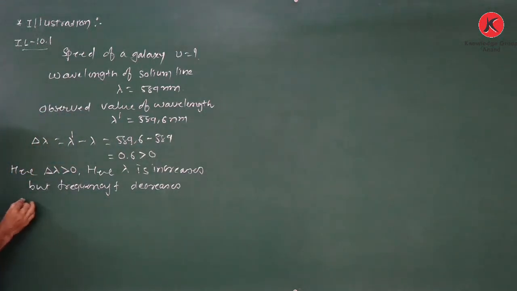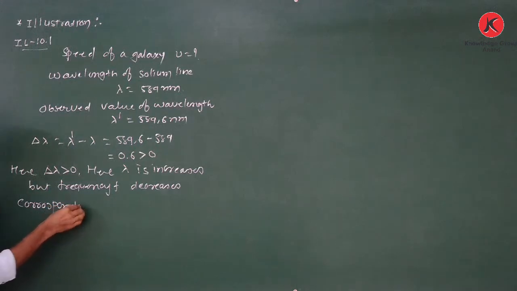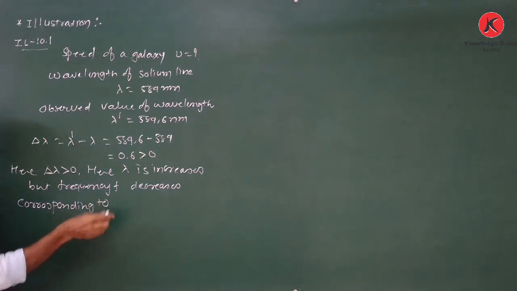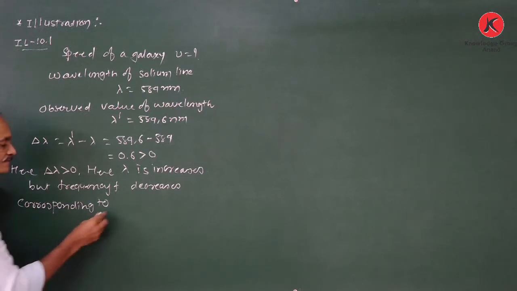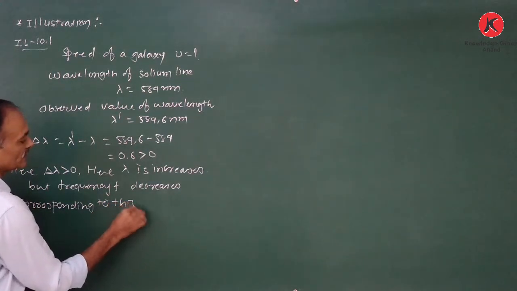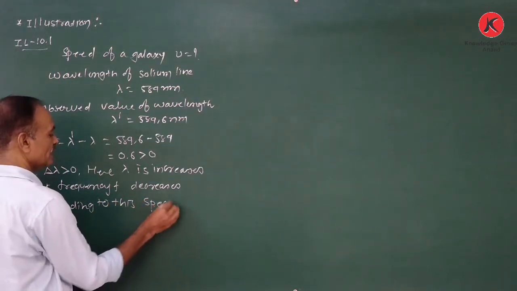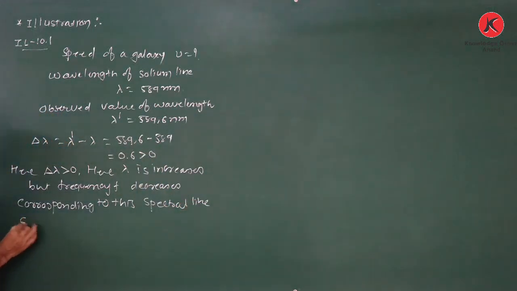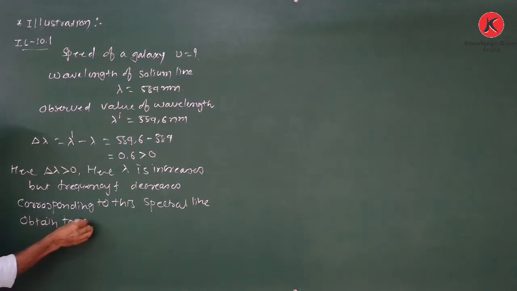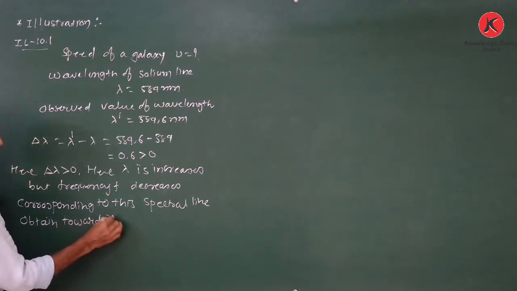Now, corresponding to such a wavelength, the spectral line is obtained towards the red end.